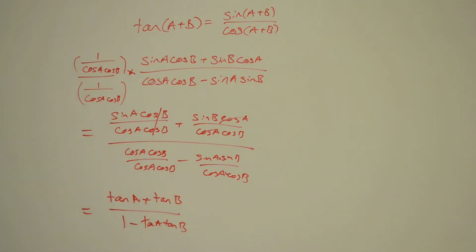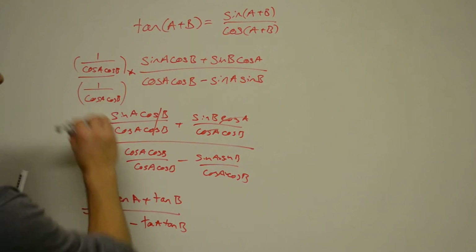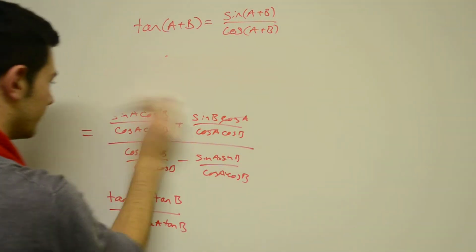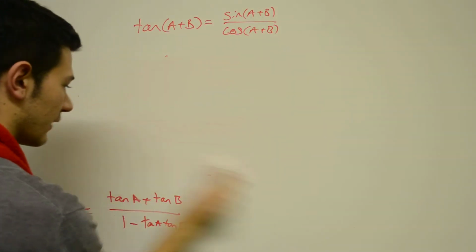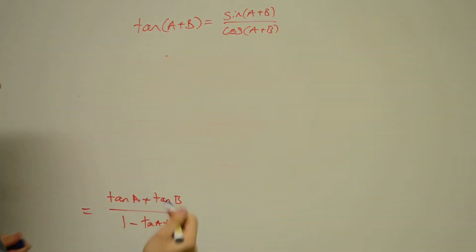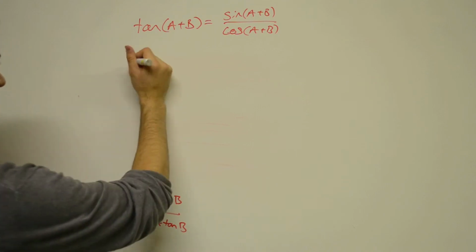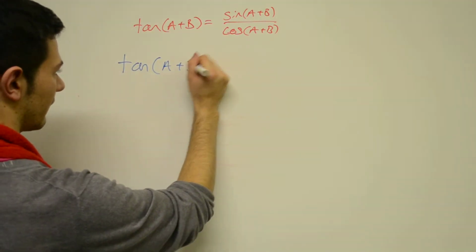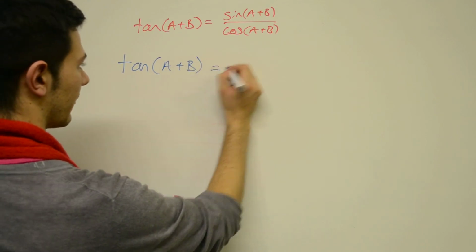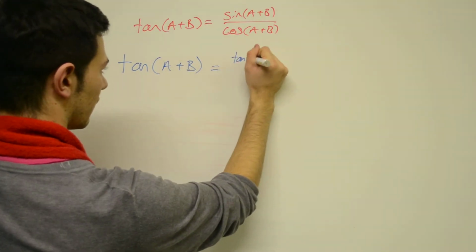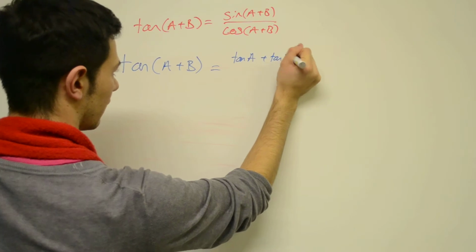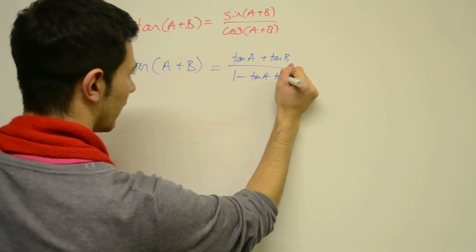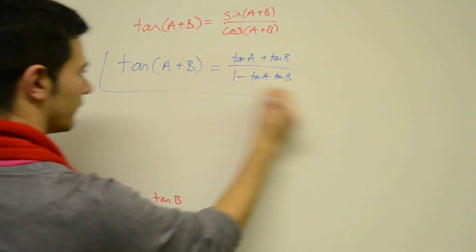So to write it in full, the last identity I'm going to prove is that tan a plus b is equal to tan a plus tan b all over 1 minus tan a tan b.